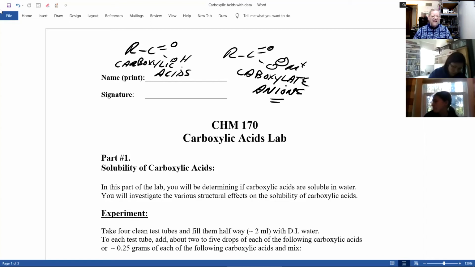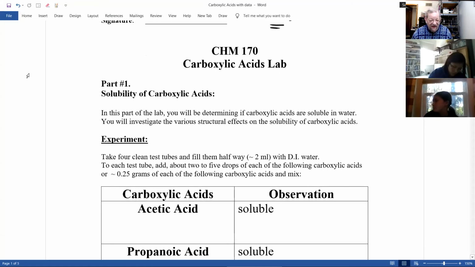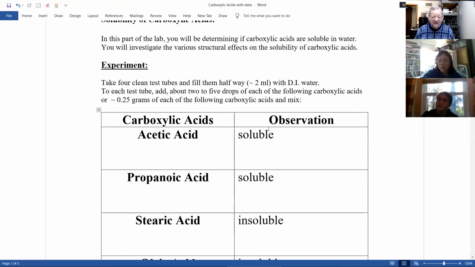And in the first one, when I wrote these labs, it's sad we can't really do it face-to-face, but you'll still get the same mental exercise, and that is, are these soluble in water?